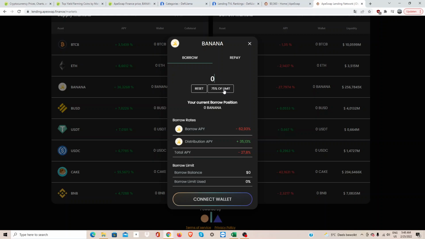I borrow $75 worth of banana, and if banana just goes up 1% or even less than that, just a little bit up, then my whole position got liquidated, and I'm stuck with a 75% banana coin, and I lose my BNB.